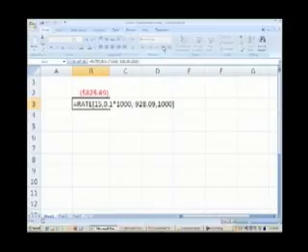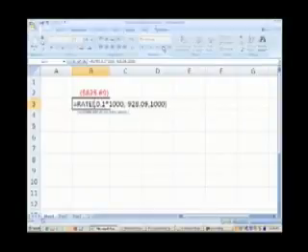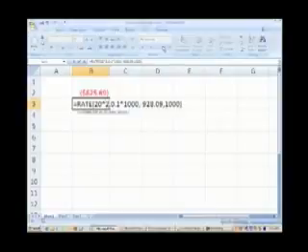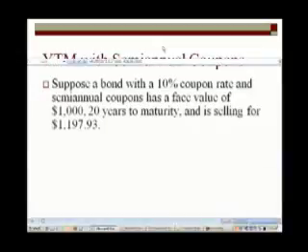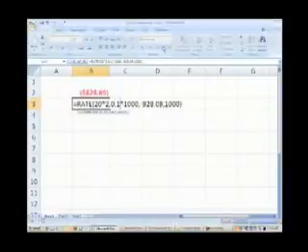Now this time what we have to do is work with periods. So since it's semi-annual, we're going to get 20 times 2 six-month periods. And the coupon rate is 10%, so that will be the same, except we want to divide it by 2 because now we're going to get half of the payment every 6 months.